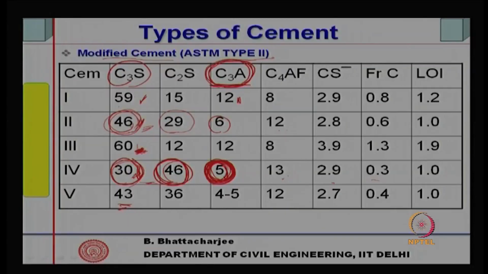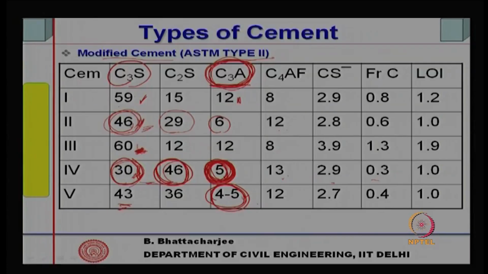Anyway, we will discuss this at length sometime later on, but at the moment what we have to understand is that it is C3A which is responsible for sulphate attack. Sulphate attack takes place through C3A. So, therefore, in this cement you have least C3A, 4 to 5 only, a very small quantity.